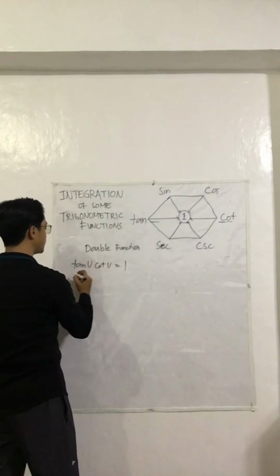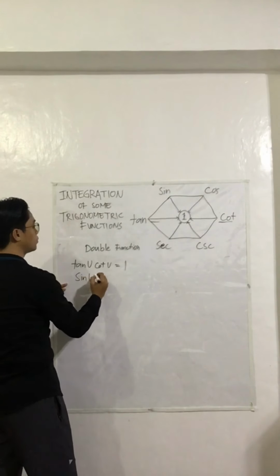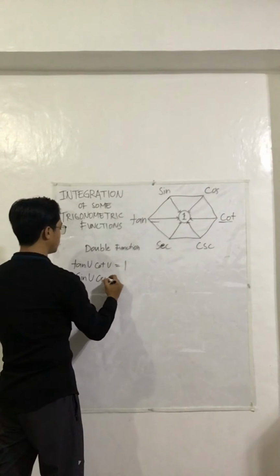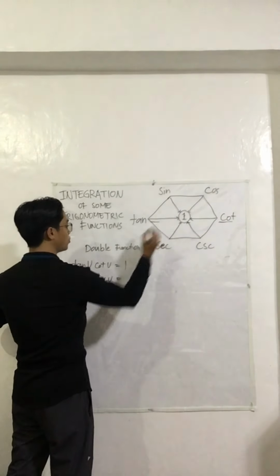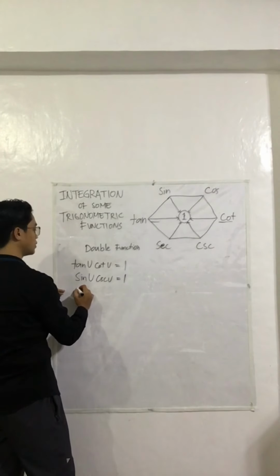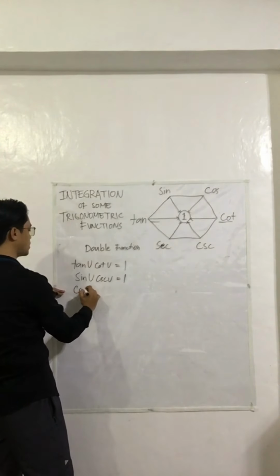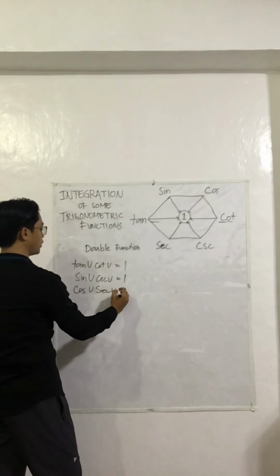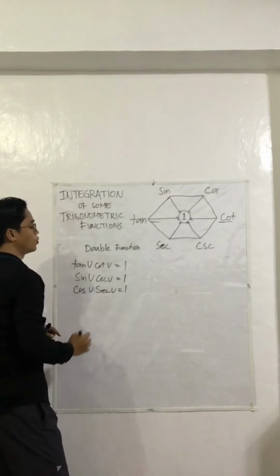And si sine naman, sine u tsaka si cosecant u is equal to 1 pa din. And then si secant naman, or si cosine u and si secant u is equal to 1 din.